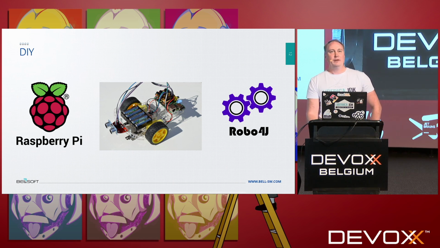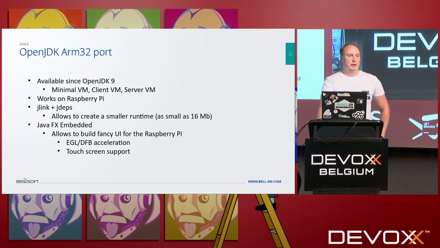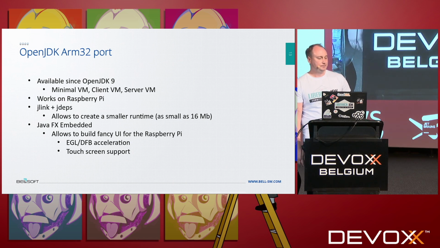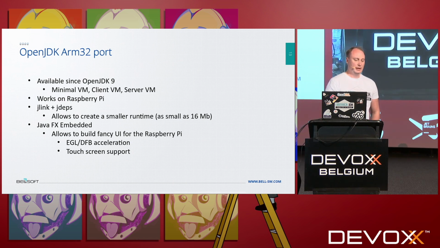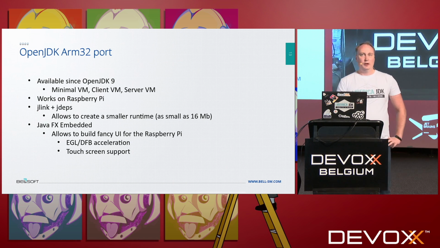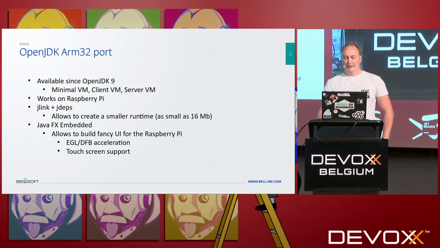But how does Java run on those boards? Of course, there is a port of OpenJDK, which is called ARM 32-bit, just ARM32. It's open source since Java 9, or even 8. And of course, it works on Raspberry Pi.